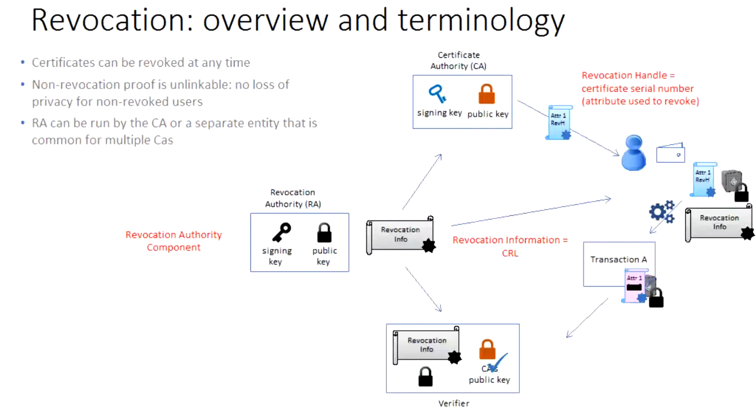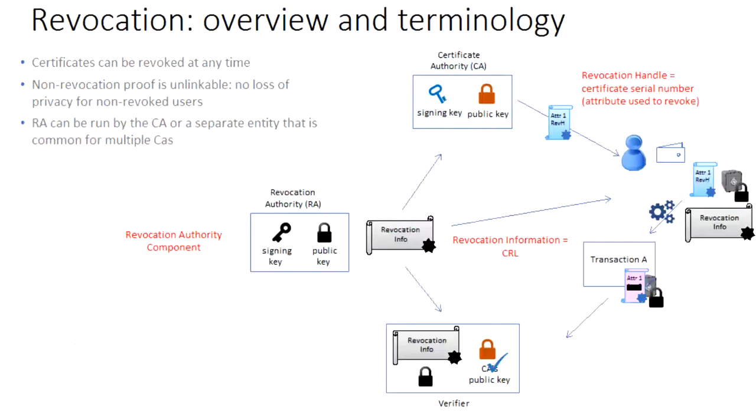Yes, so that's it. On the next slide, the goal is just highlighting that the revocation handle is like a serial number, and the revocation information you can think of as a CRL. We don't call it a CRL because it's not just a list. It can also be a whitelist, which we'll talk about later, or something more complicated, or even simpler objects.